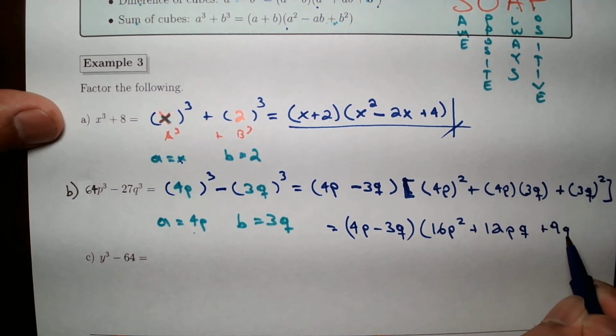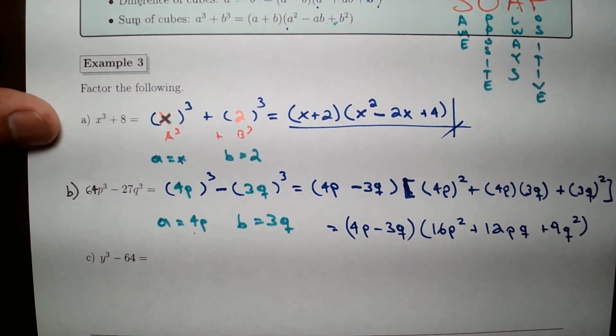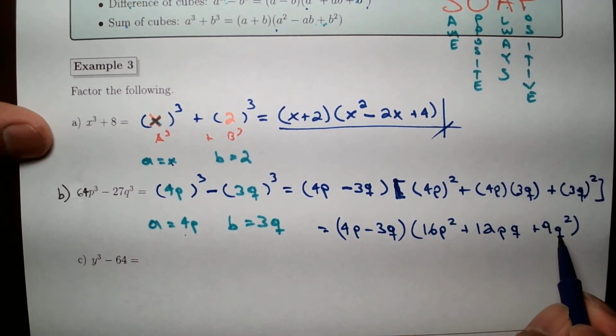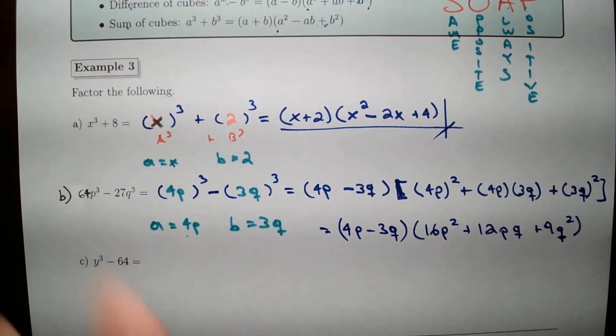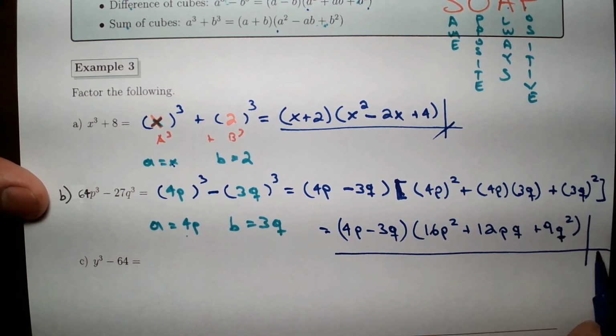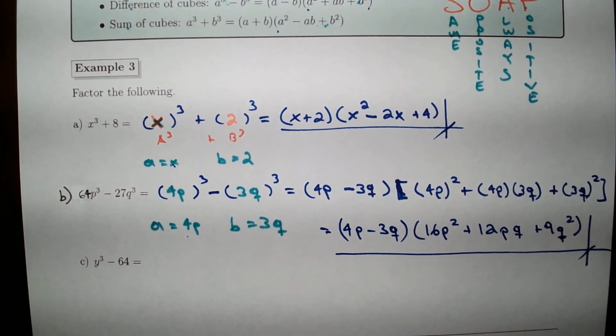Okay, hopefully my writing doesn't confuse you, because my 9 looks a little bit similar to my q, but I put this bar right here to make it look like a q. And this is pretty much the final answer.